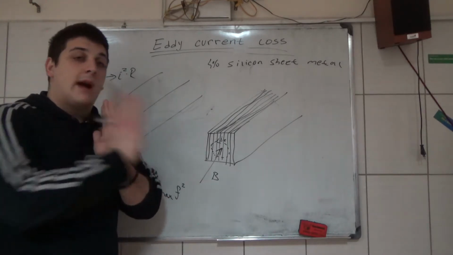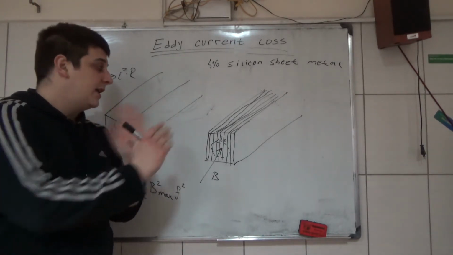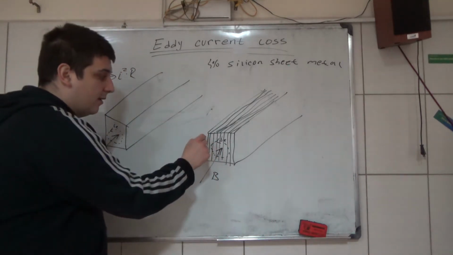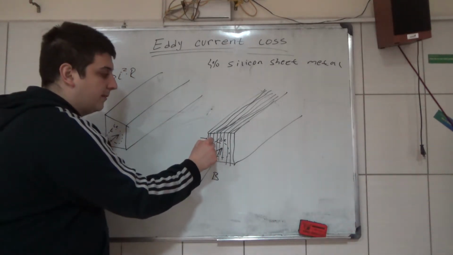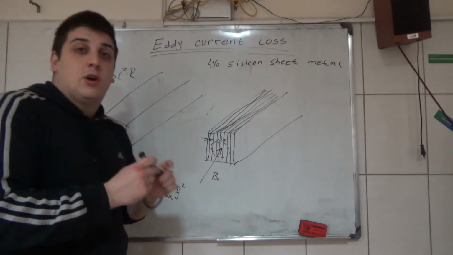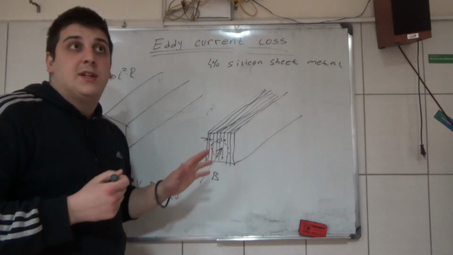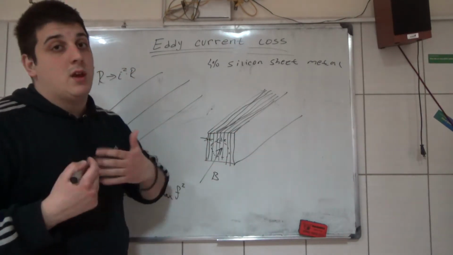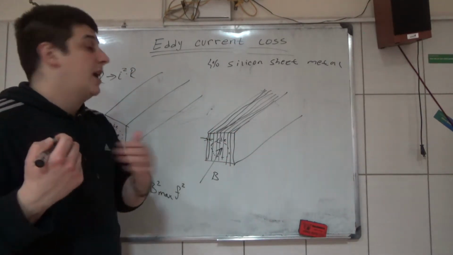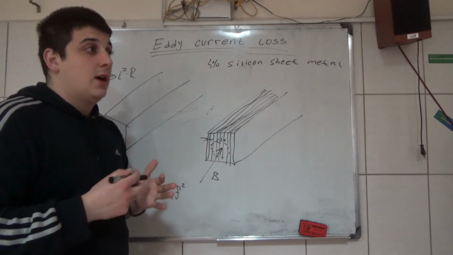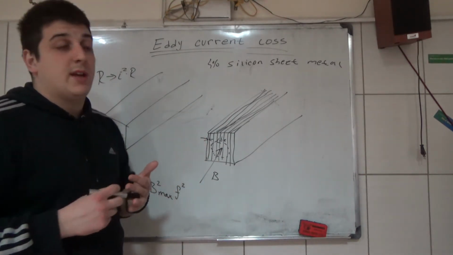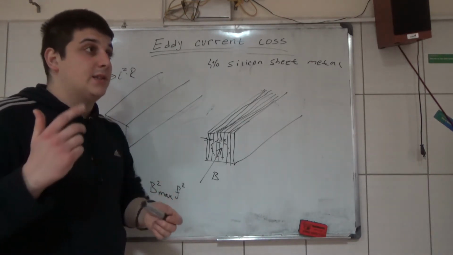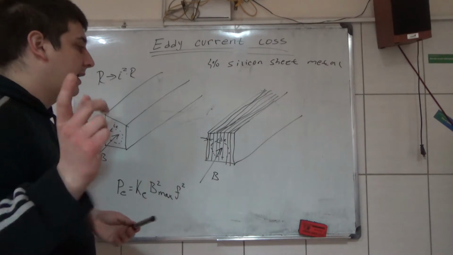You cut this magnetic material, for example from here to here, and the thickness of this lamination is usually from 0.5 to 5 millimeters in electric machines, and in electronic circuits, if you have magnetic circuits, you need from 0.01 to 5 millimeters, and I'll say why.